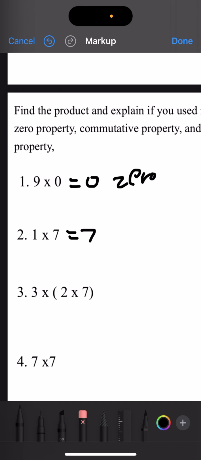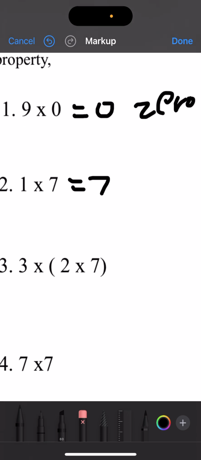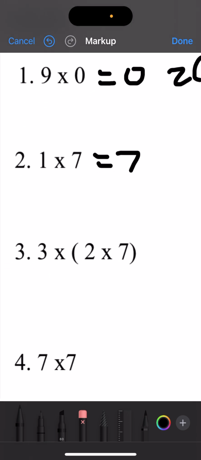Number 3, 3 times parentheses 2 times 7. This one, because there's a parentheses, we are supposed to do 2 times 7 first before we do the other one. However, because all the signs are the same, which is multiplication, we could get rid of the parentheses and still end up with the same answer.